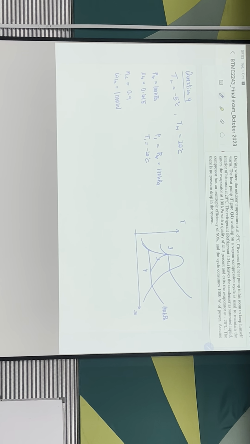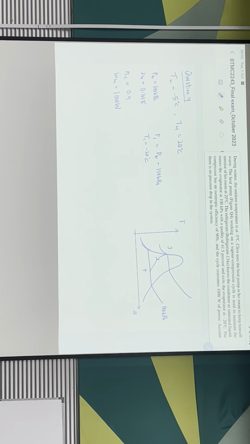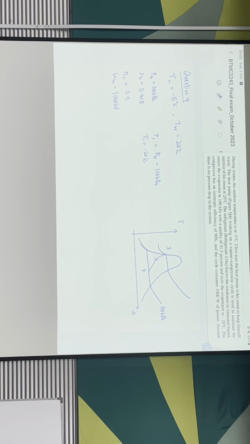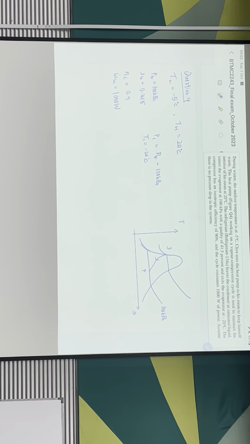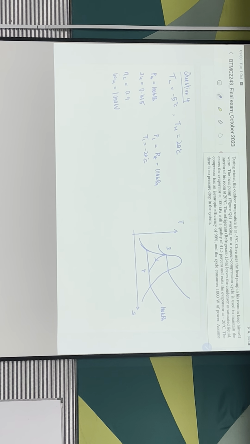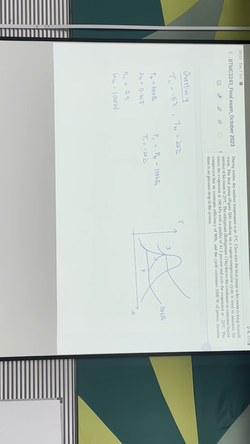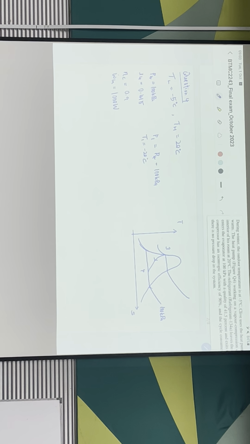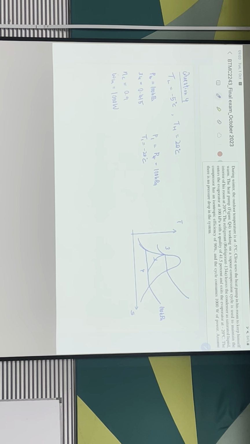So this one, if you actually check the table as well, you will see that this is actually a superheated state. I think so. Let me see. Yeah, this should be a superheated state as well. So here, when you draw this, you shouldn't start on the saturated line.